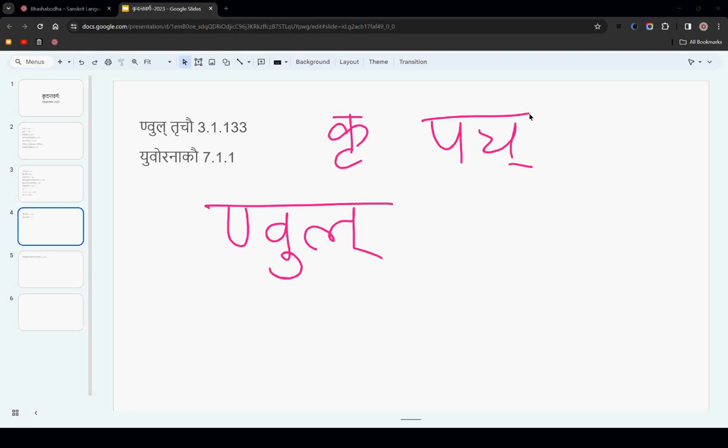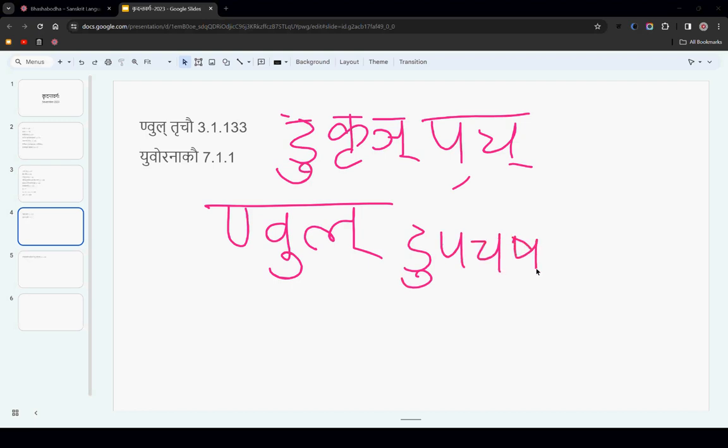And as per the dhatu patha, the kru dhatu is dukri. Dukri. And as per the dhatu patha, the pach dhatu is do pachash. And on top of that, there are anunasikas also here.